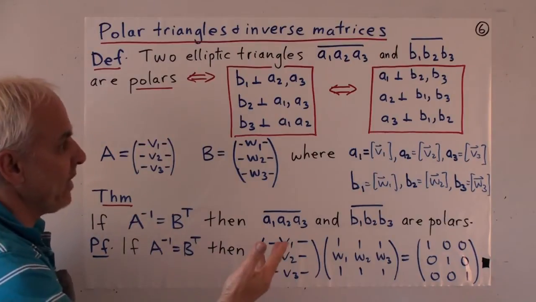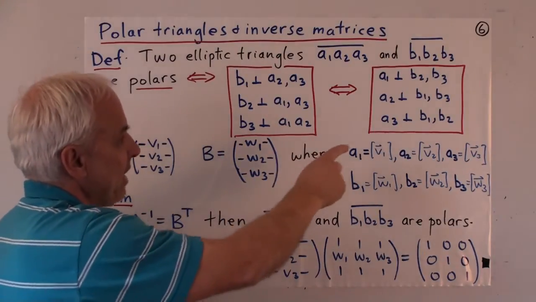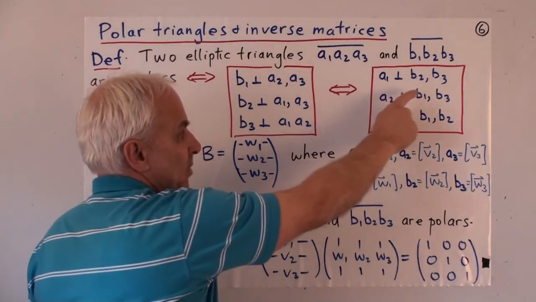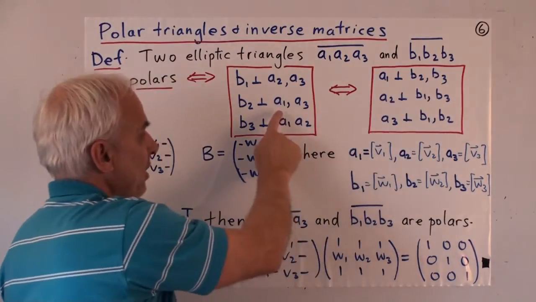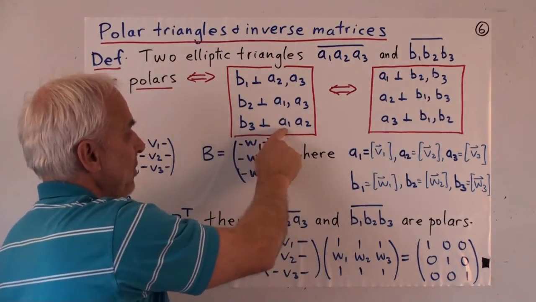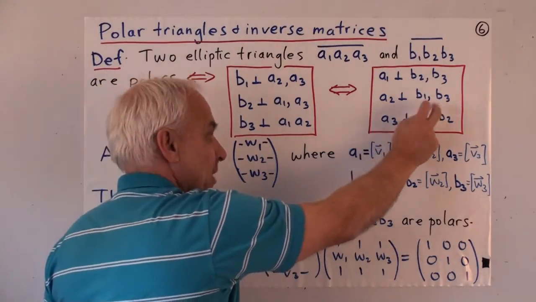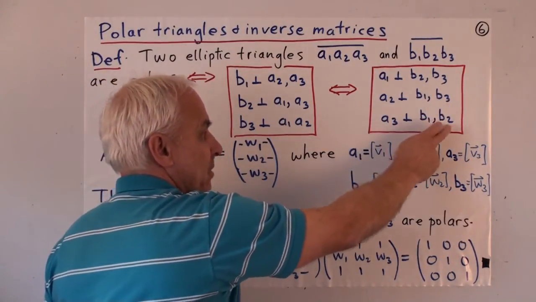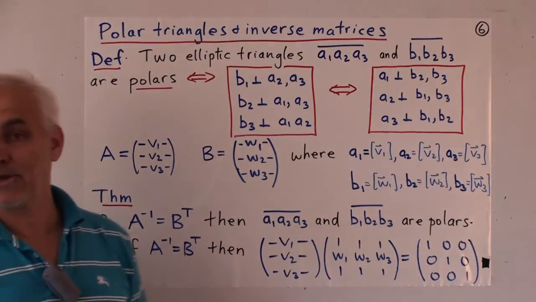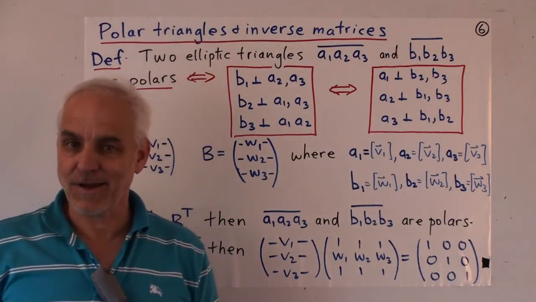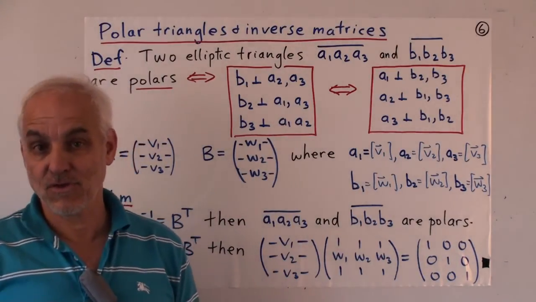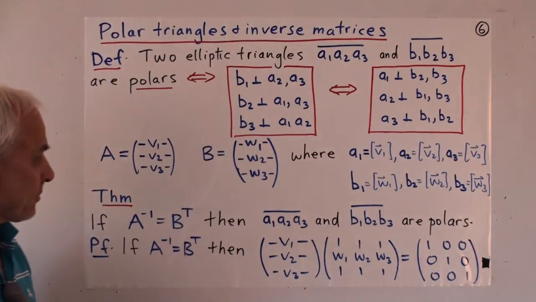Equivalently, we could say that A1 is perpendicular to B2 and B3, A2 is perpendicular to B1 and B3, and A3 is perpendicular to B1 and B2. So there's a perfectly symmetrical relationship between these two elliptic triangles.